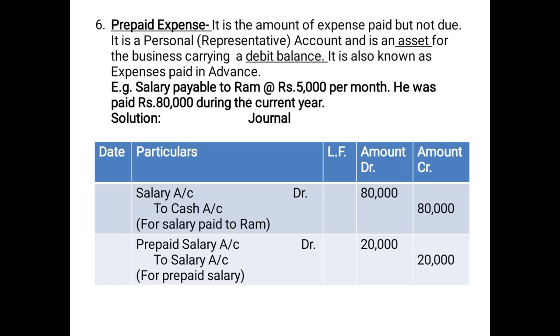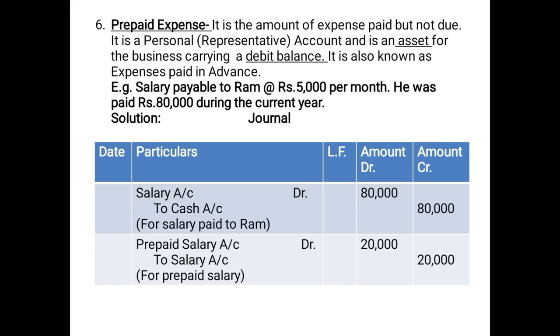For example, salary payable to Ram at the rate of 5,000 per month. How much salary is to be paid to Ram? 5,000 per month. So in a year there are 12 months. 5,000 into 12, that means a total of 60,000 has to be paid as salary to Ram. He was paid 80,000 during the current year. 60,000 was to be paid as a salary, but 80,000 have been paid.